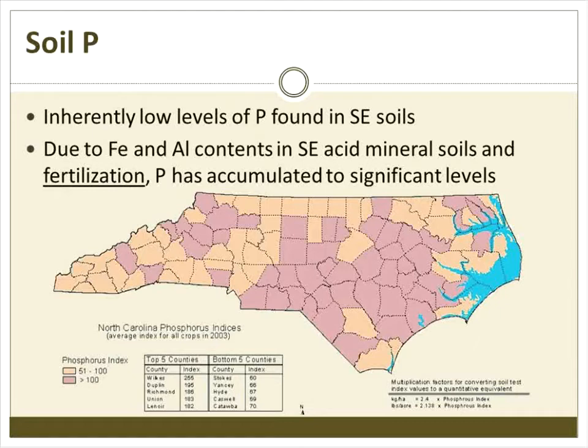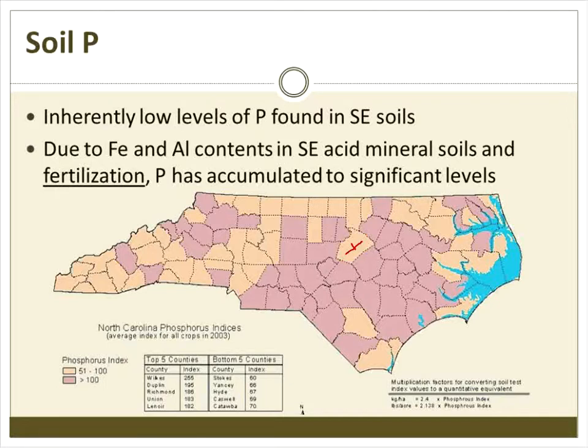All right, and so we're trying to get you to get a feeling for the average index for all the crops in those particular soils. So if you look at the average soil test in Wake County, for example, what you see is that our average phosphorus level is above 50.